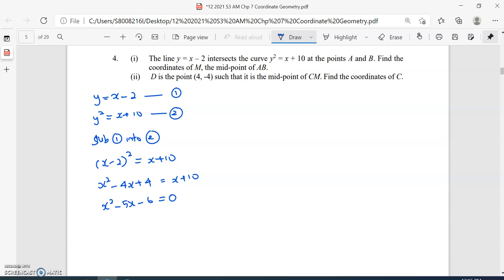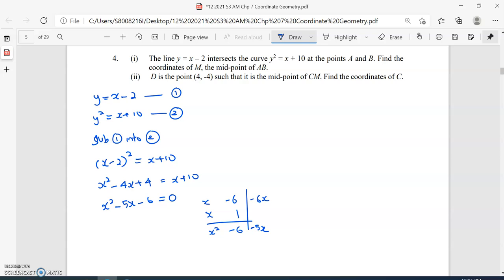If I do my factorization, x squared minus 5x minus 6. x squared has to be x times x. In order to get a 6, it could be 6 and 1, or it could be a 3, 2 combination. Let's try 6 and 1.